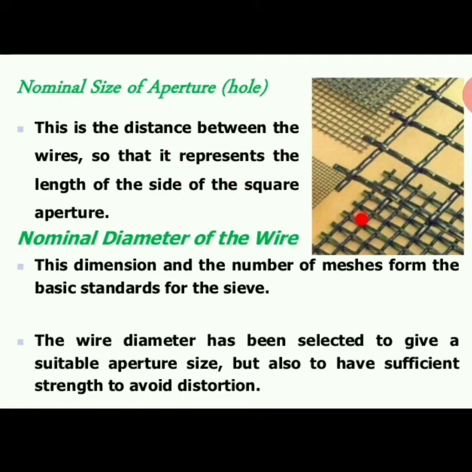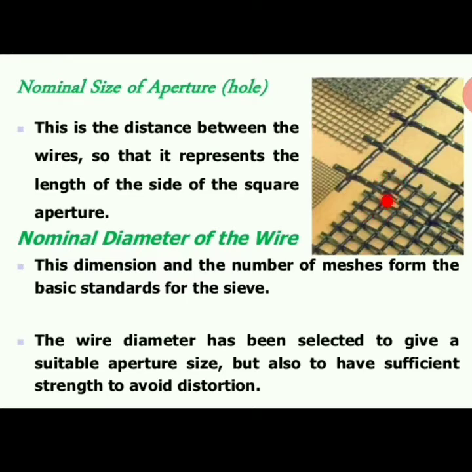It represents the side of the square aperture. The Indian Pharmacopoeia gives the nominal mesh aperture size for the majority of sieves in millimeters and micrometers. The length between this square aperture is measured in millimeters or micrometers.